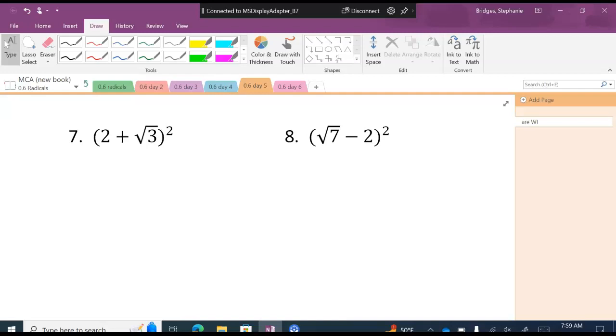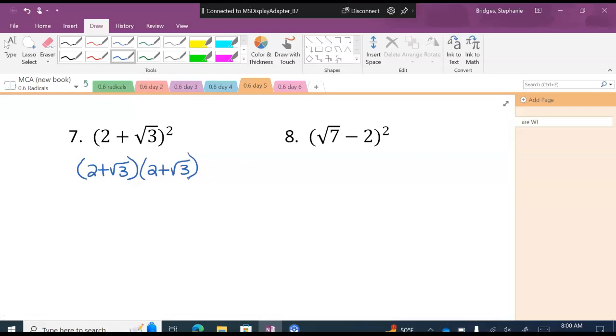So with these, I have in parentheses 2 plus the square root of 3, and on the outside of the parentheses is a square. Anytime you have a binomial squared, we've done this before, what do I tell you have to do first? Write it, how many times? Write it twice. And it does not change. We write it exactly the same in both parentheses. And then once you do that, you treat it just like every other problem. You distribute, you combine your like terms, and you simplify if you can.